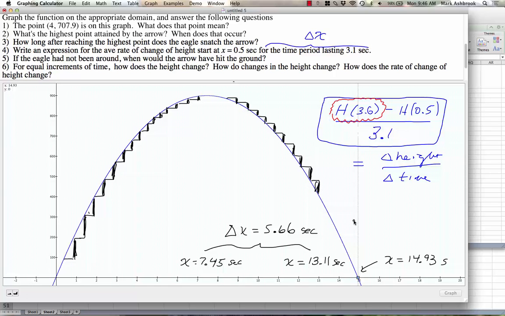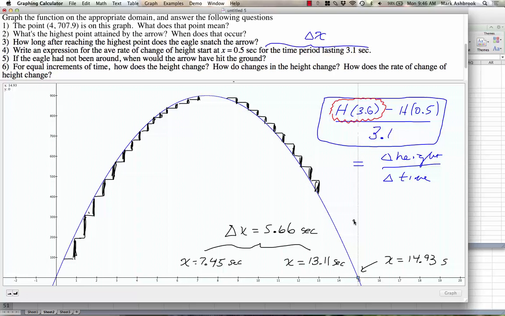For each equal increment of time, a horizontal change in time on the graph, we get a corresponding change in height. Are those changes increasing or decreasing? Decreasing, but they're getting longer. They're becoming more negative. Right, so I heard most of you say decreasing. Good. Okay, so these changes are negative, but they're getting more negative.